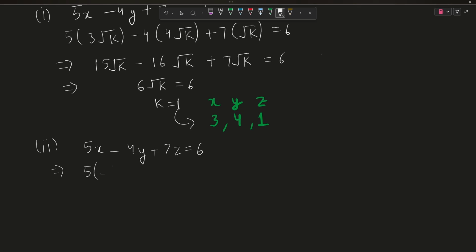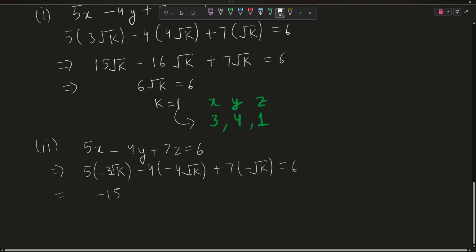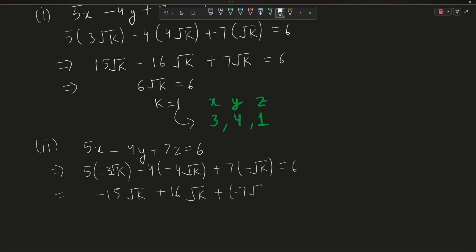So 5 of minus root k, minus 4 into 4 root k, plus 7 of minus root k is equal to 6. So what will it become? Minus 15 root k plus 16 root k, sorry, minus 7 root k is equal to 6.